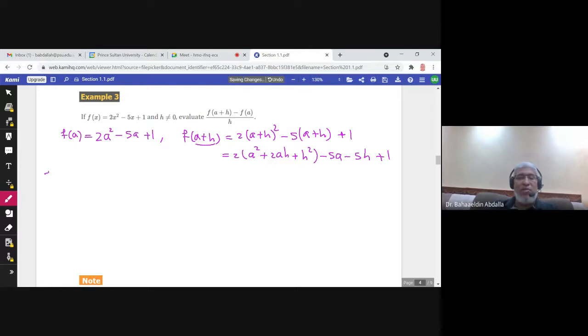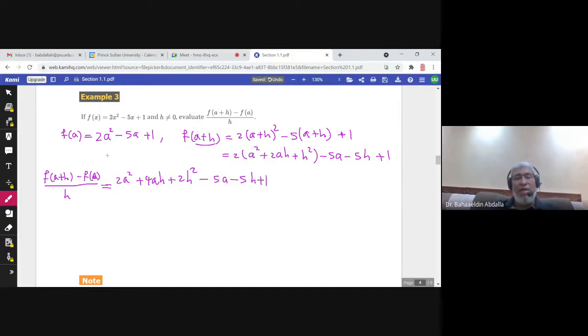So now let us find f of a plus h minus f of a, over h. Let us write f of a plus h from here. It is 2 times a squared plus 2 times 2, 4ah, plus 2h squared, multiplying 2 by all three terms, minus 5a minus 5h plus 1.